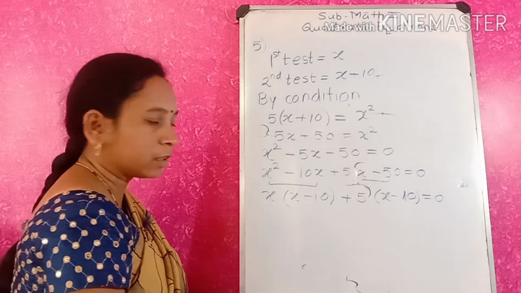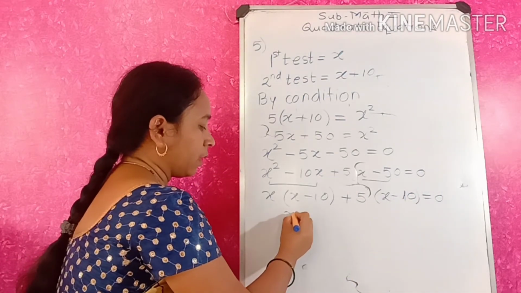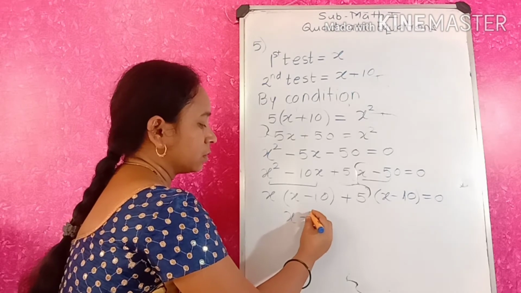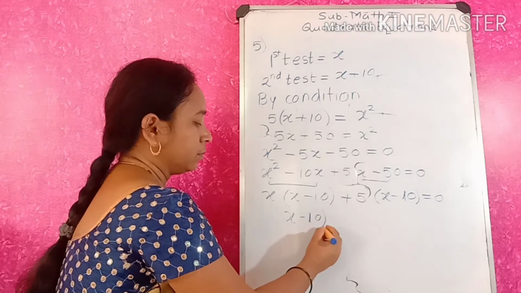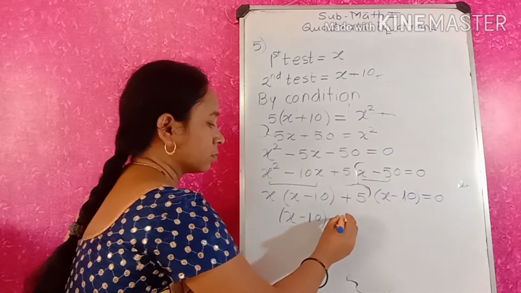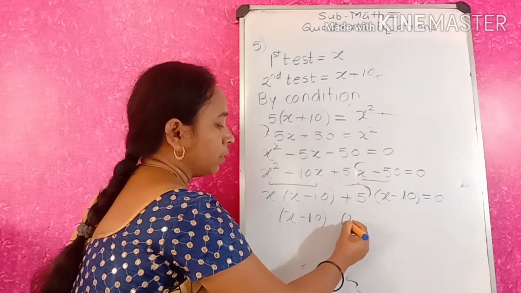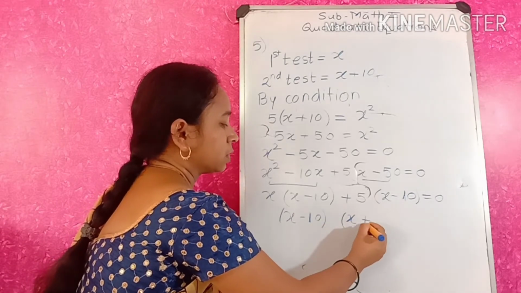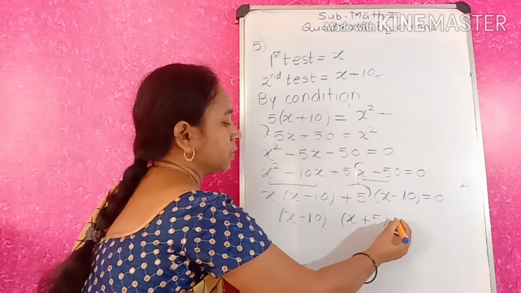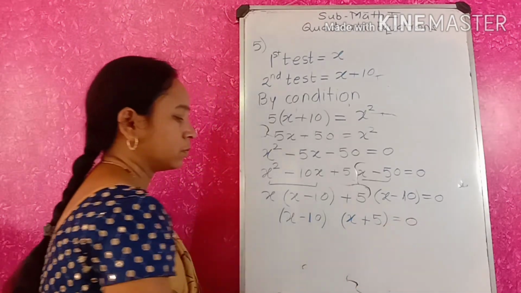So here you will get two brackets, x minus 10 into x plus 5 is equal to 0.